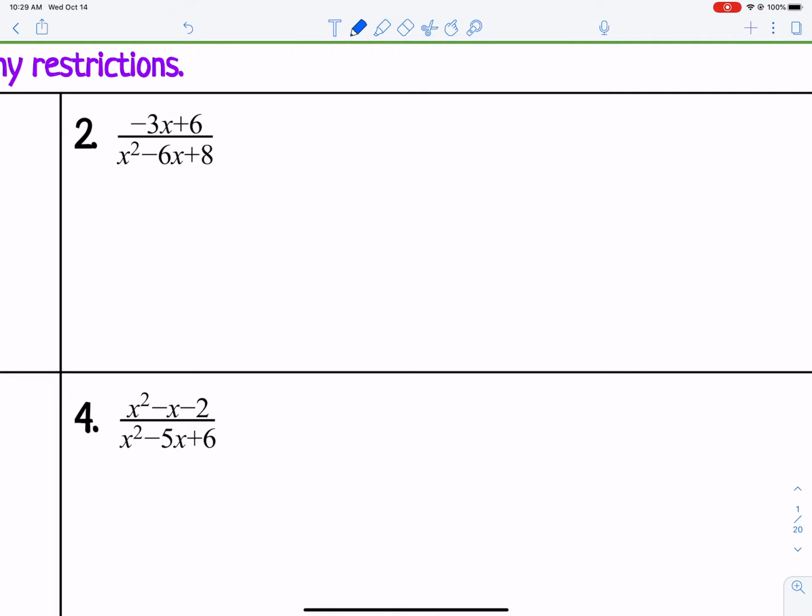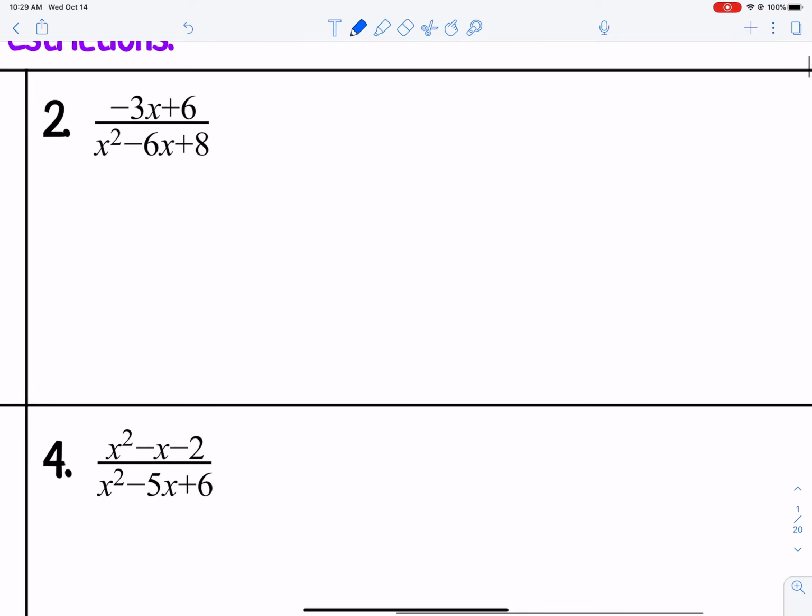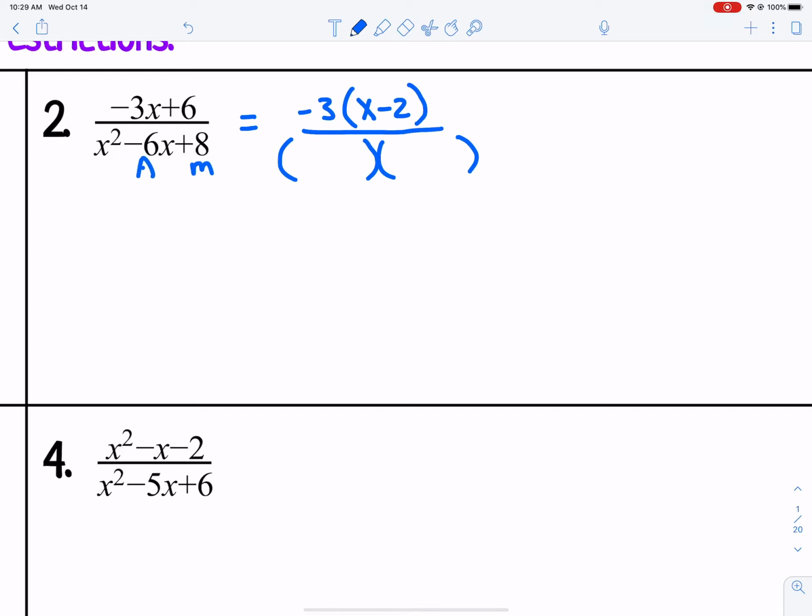For example 2, I have negative 3x plus 6 divided by x squared minus 6x plus 8. So first I want to take out a negative 3 and leave x minus 2 left over. And in the denominator, I want to factor the trinomial. So it's just a basic trinomial. I need to multiply to get 8 and add up to negative 6.